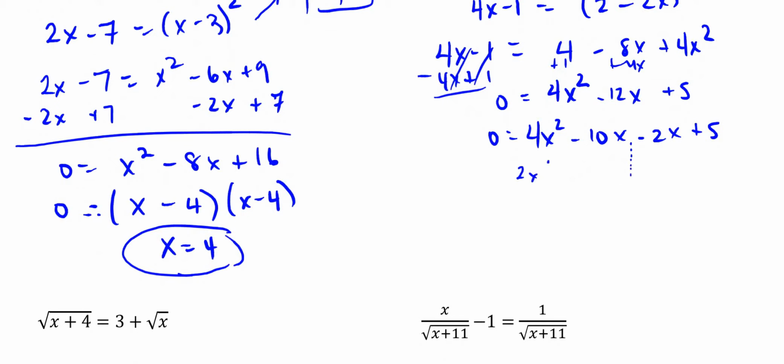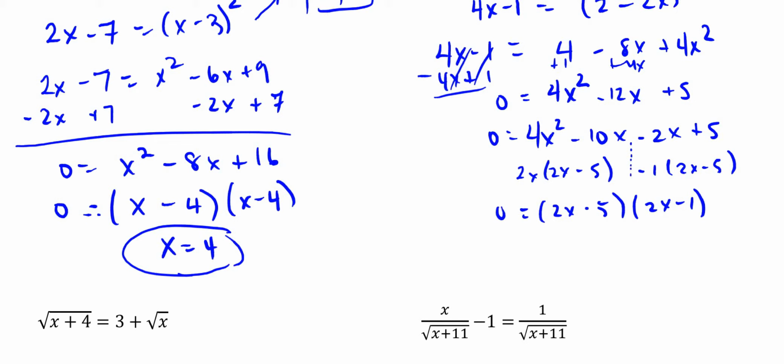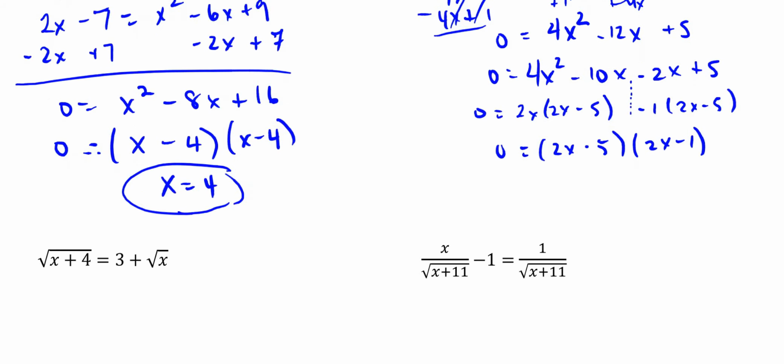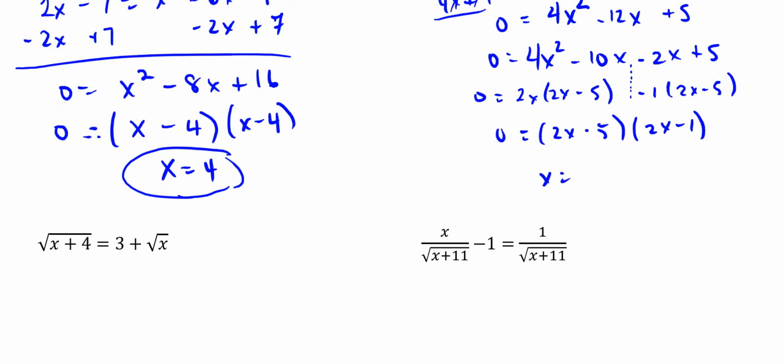So I have 2x minus 5 times 2x minus 1, all still equal to 0. I'm going to get two answers here, negative 5/2 and positive 1/2.